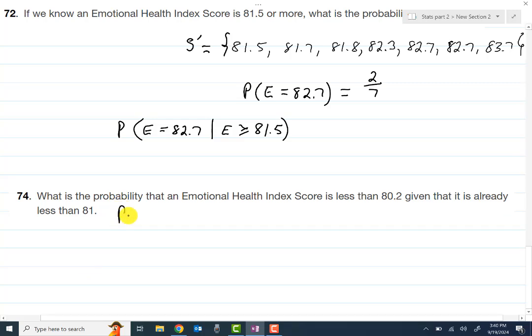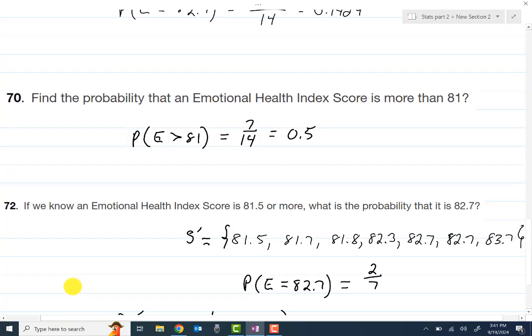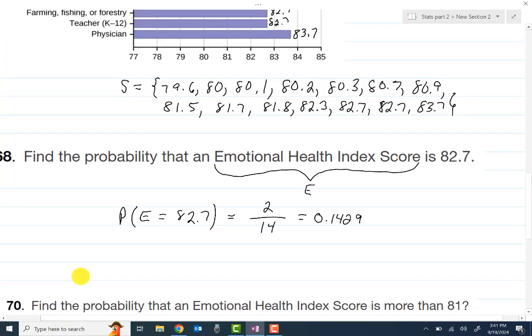So they're asking us this: what is the probability that an emotional health index score is less than 80.2? So we want the probability that E is less than 80.2, given that we already know it to be less than 81. So first, what I'm going to do is look at all of those items that are less than 81. So how many of them were there? Well, it was these first 7, wasn't it?